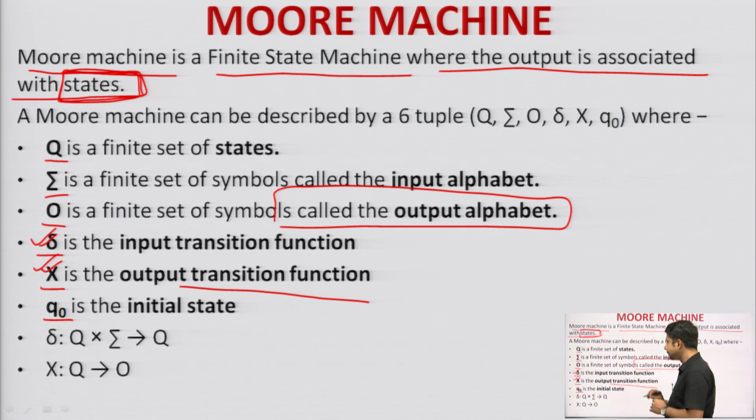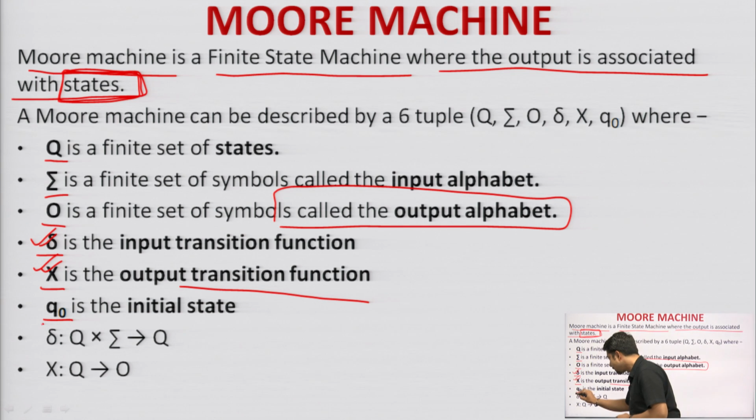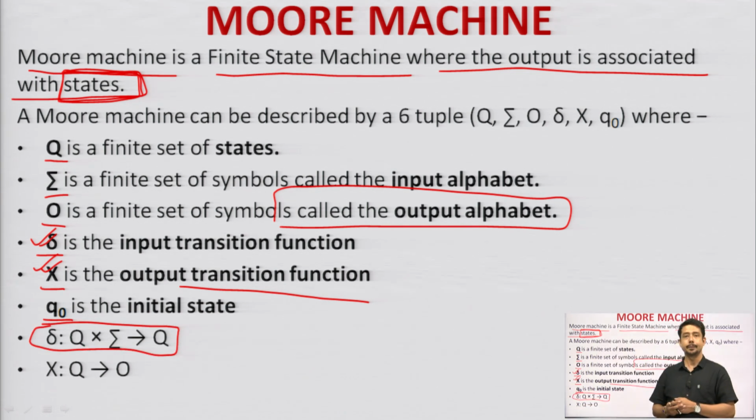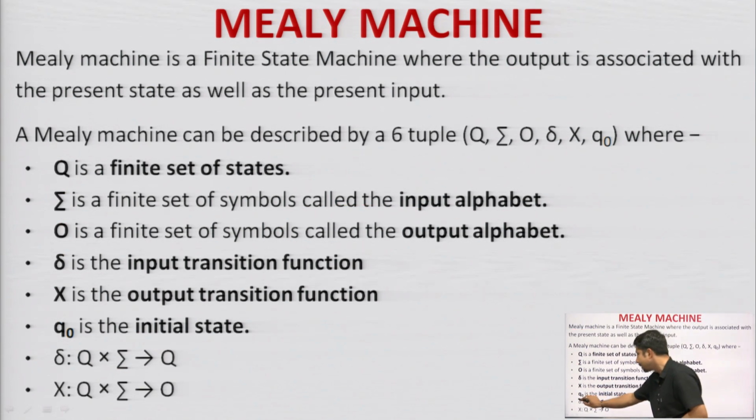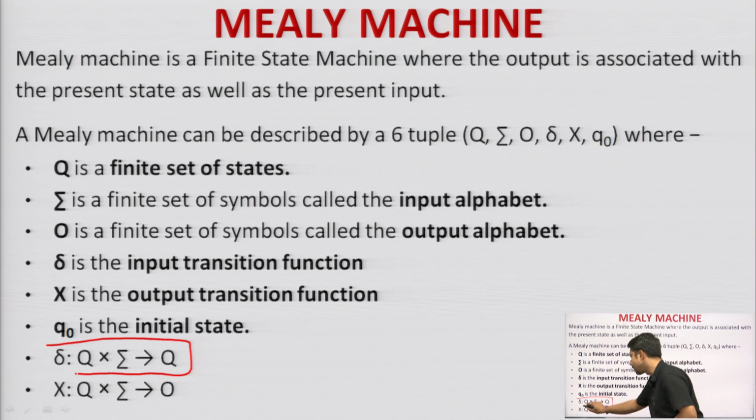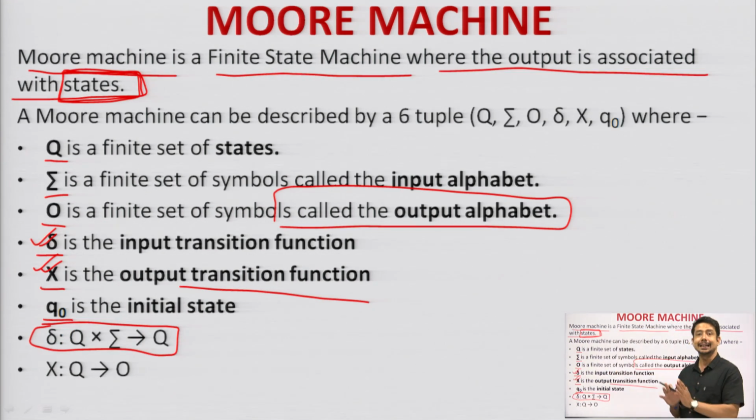How? Here the transition function will represent the same as in the case of DFA. The input transition function for Moore machine as well as for Mealy machine will be exactly the same. Let us go to the next slide and I will show it to you. The input transition function for both Moore and Mealy are exactly the same.